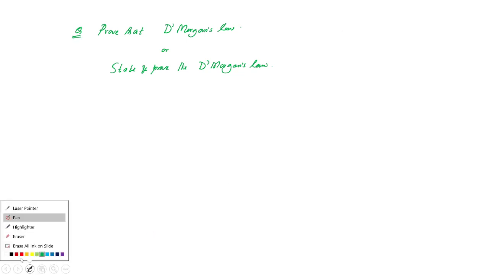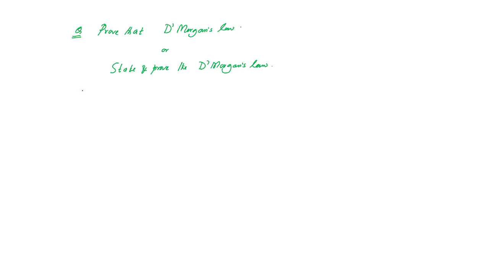The question is prove De Morgan's law, or the question is state and prove the De Morgan's law. This kind of question has been asked in graduation level. It is for 5 marks.